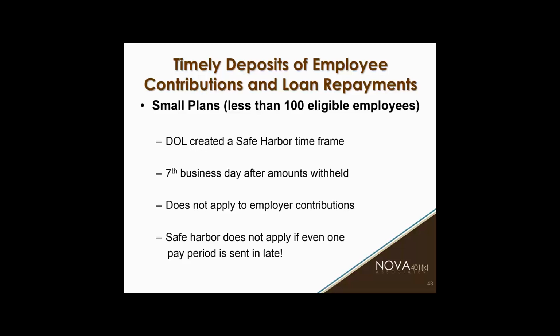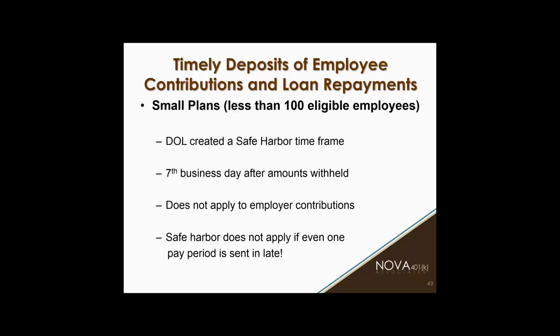You have 7 business days after the pay date to get the money from your general ledger into your investment company. All right. This doesn't apply to the employer match contributions that you may be making, but all the employee money, the DOL does not want you as a company hanging on to employees' money for more than a certain amount of time. And if we go beyond that time frame, Nova and you have to fix the problem.